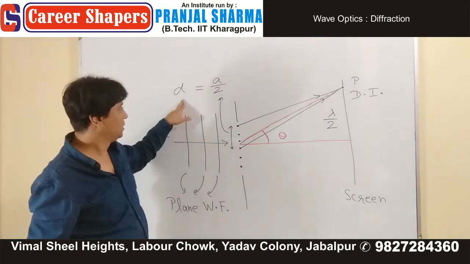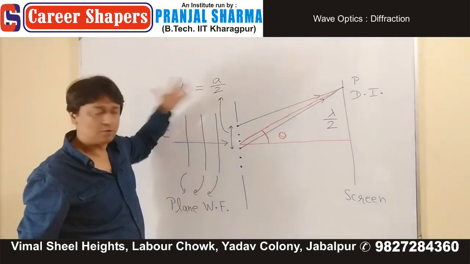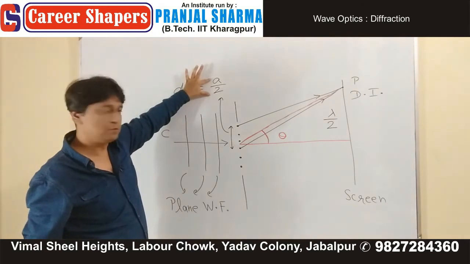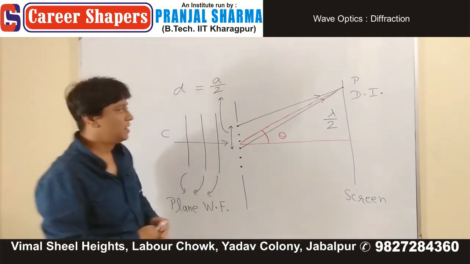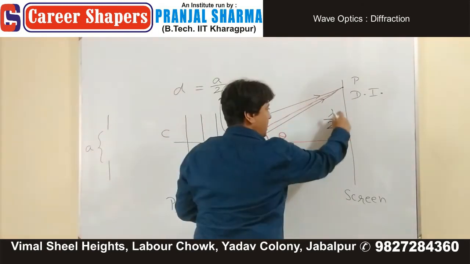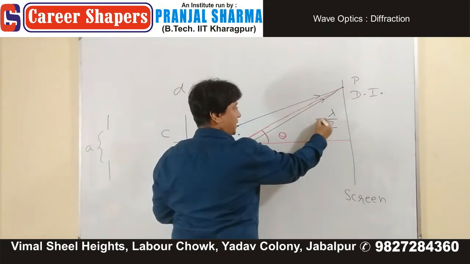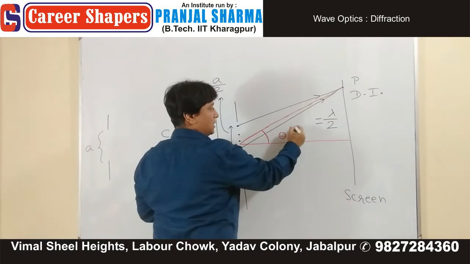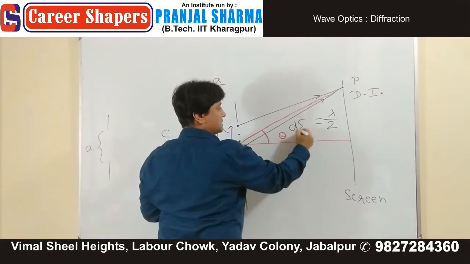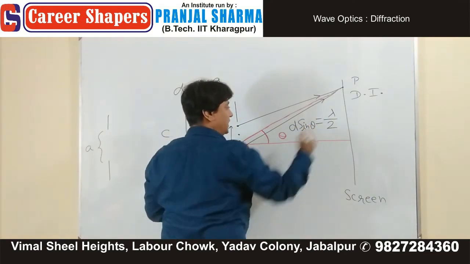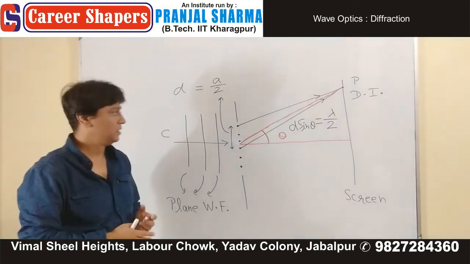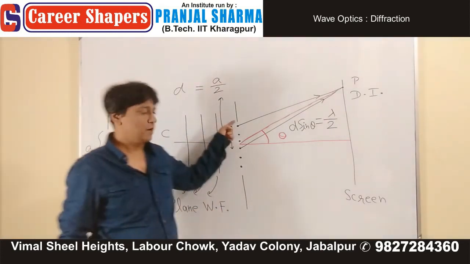Small d, which in this case is A by 2. If this is A by 2, then this lambda by 2, which is the path difference, is basically what? d sine theta.